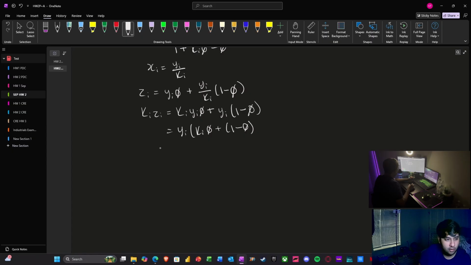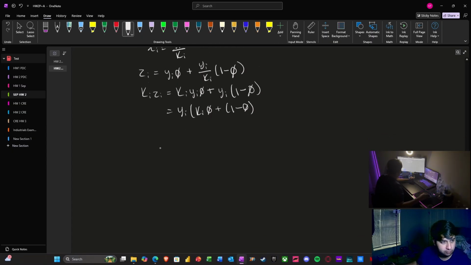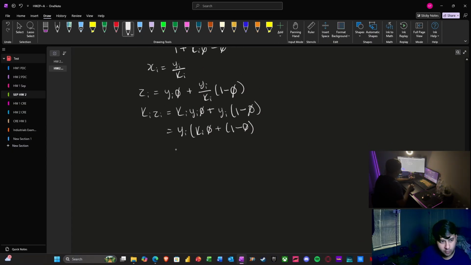And then since we are looking for y_i, we're going to go ahead and make y_i equals K_i z_i over 1 plus K_i phi minus phi. I think that's correct.